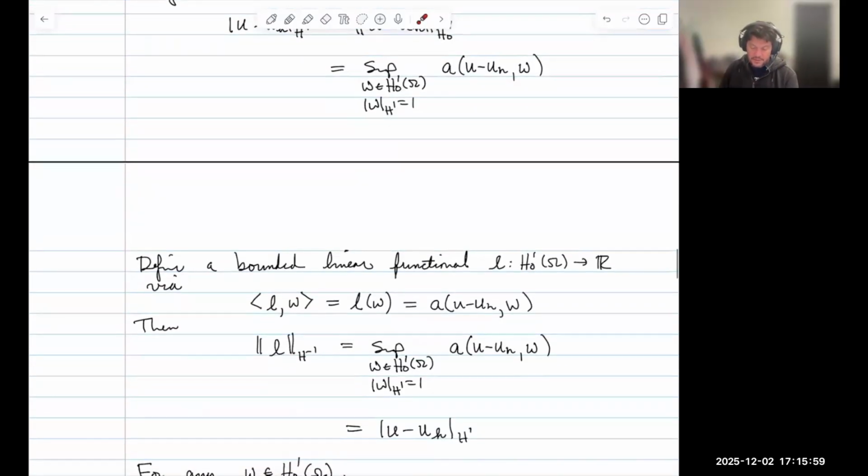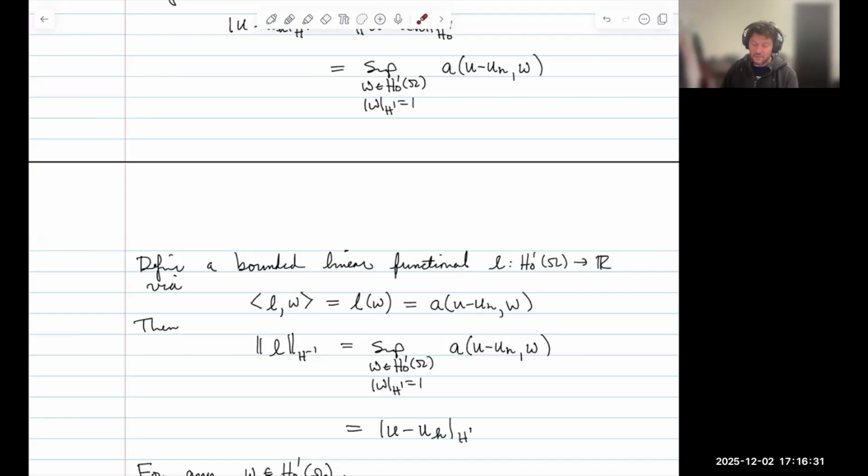Now what I'm going to do is define a linear functional on H01. The linear functional, I like this notation, L(W), is just going to be equal to A, the symmetric bilinear form, which is an inner product, where I take the first object to be the error and the second object to be that W. Does this give us a bounded linear functional?